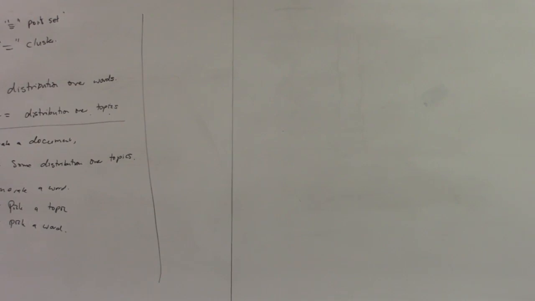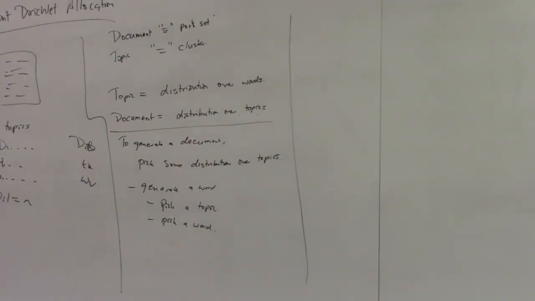So if I want to be more precise now, how am I going to do this? I want to pick a topic to be a distribution over words. What do you think I should do? Given what we know so far, what might be the way to go about doing this?